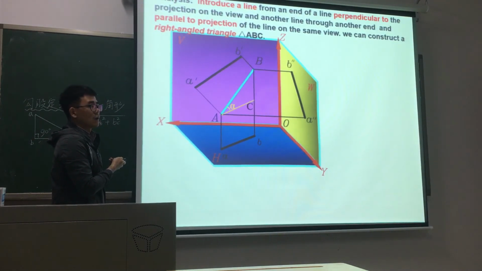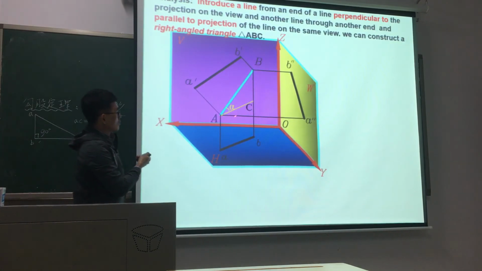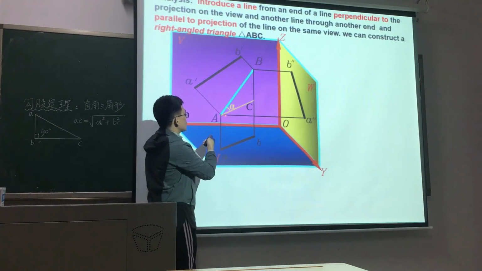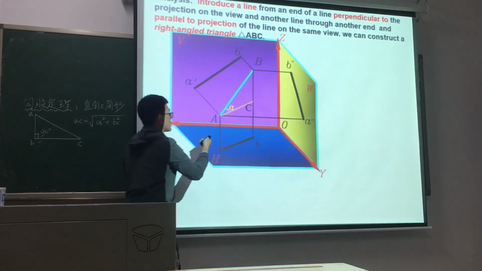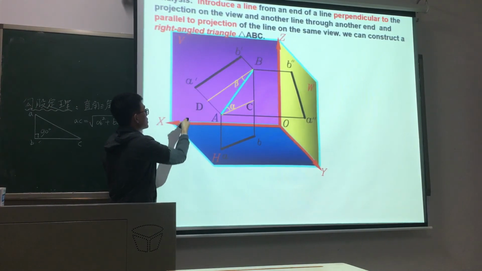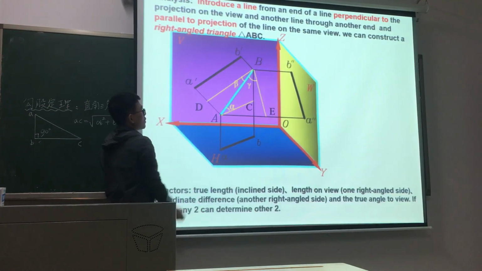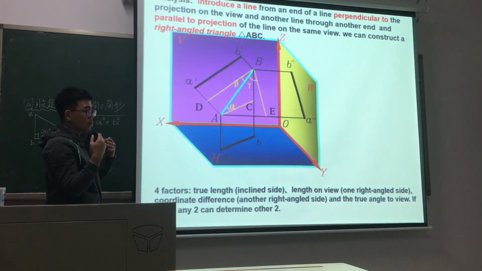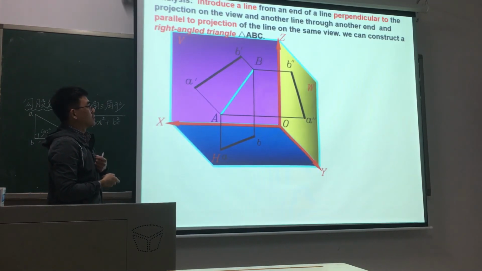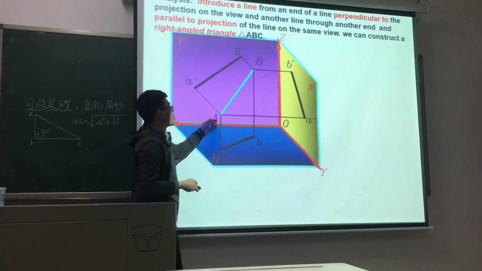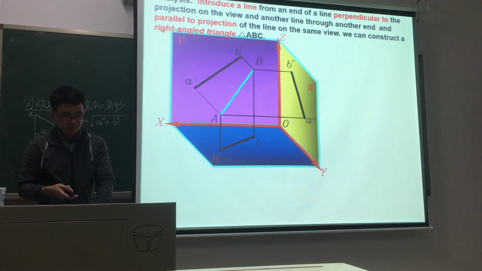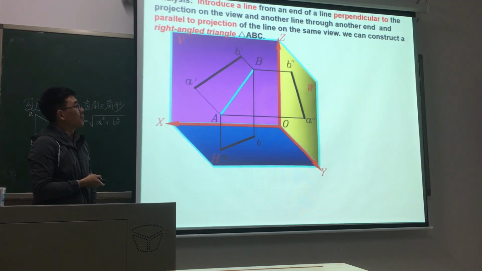Please remember this. You add a parallel line here. Now do you understand? How do we get its true length? This is a common line.